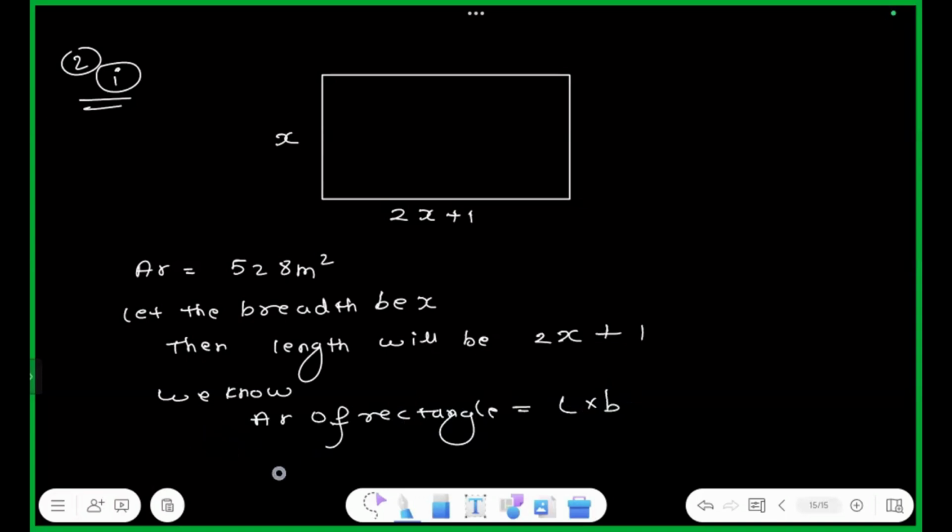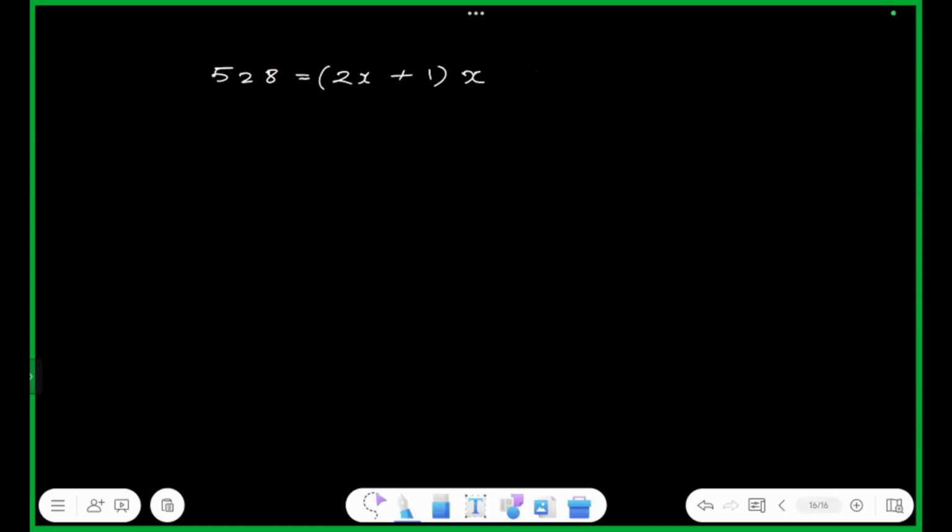So instead of writing area of rectangle, I will write here 528 is equal to length, which is 2x plus 1, into breadth, which is x. Please write it down. Now see, till now what we have got: 528 is equal to 2x plus 1 multiplied by x.